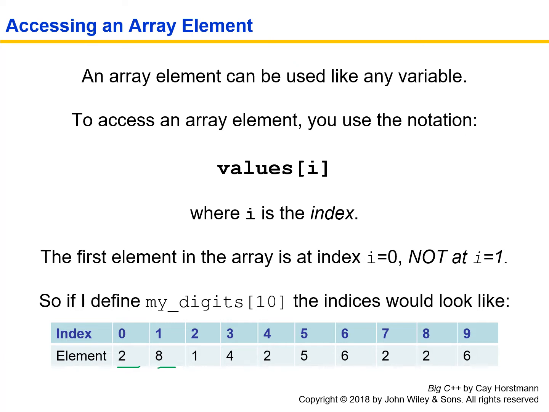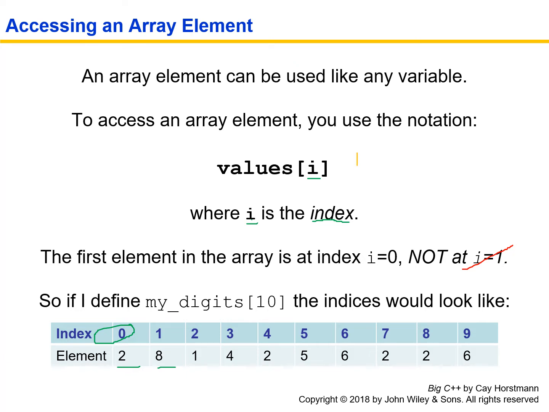To access an array element, you use the notation values, or whatever your array name is, open square bracket, a number, close square bracket. The number i here is called the index of the array, or the index of the value. Now note that the first element in the array is at index 0, not index 1.